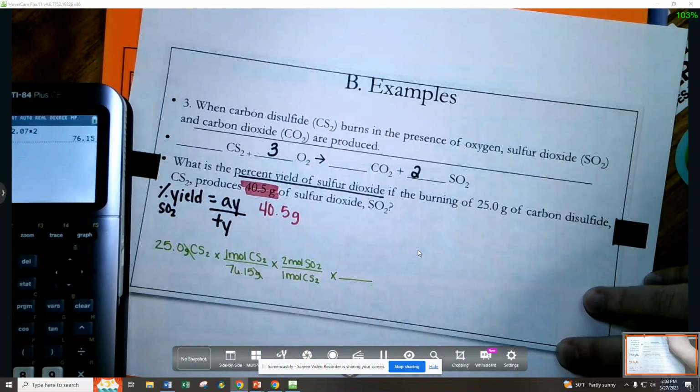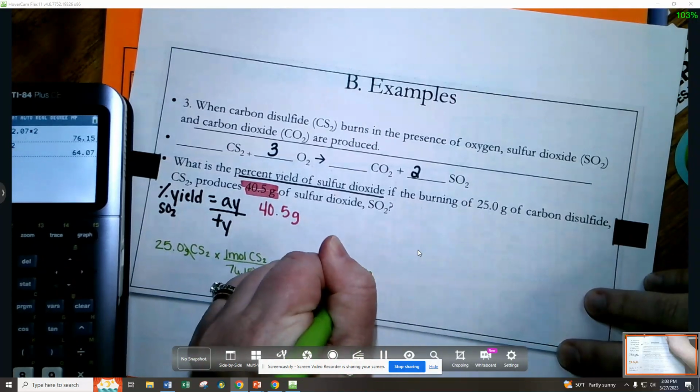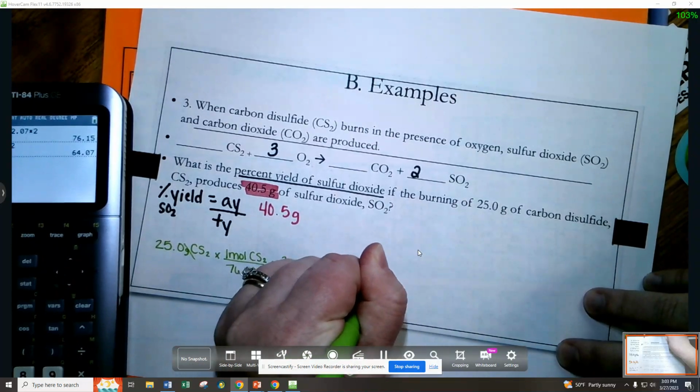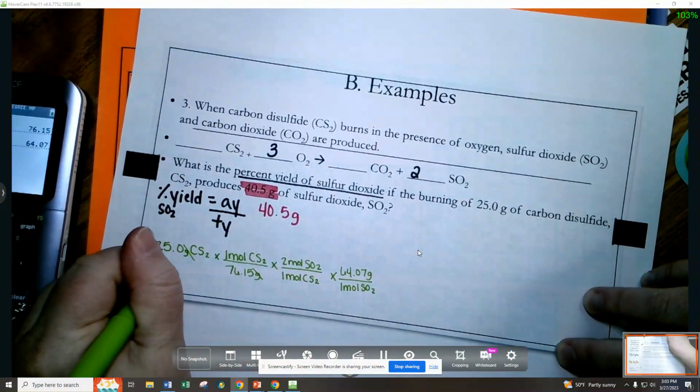I need this in grams, so I need the molar mass here. So we have 32.07 for my sulfur, and then 32 because I have 2 oxygens. So that's 64.07 grams, and that's in 1 mole of SO2. Again, the goal of this here is to solve for the theoretical.